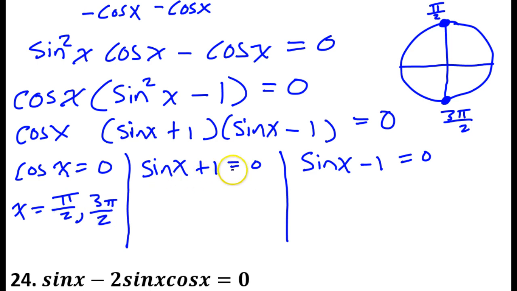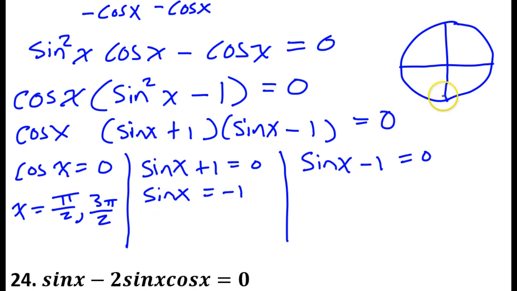Now, looking at this one, if I subtract 1 from both sides, then I have sine x equals negative 1. Fine. So where is the sine function equal to negative 1? Remembering that the sine on the unit circle is a y value, the question is, where is the y value equal to negative 1?